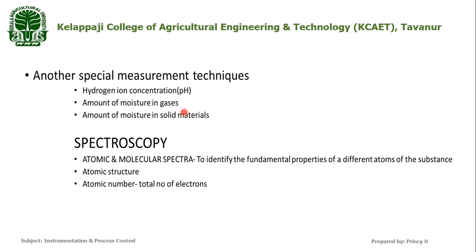The main method used for composition analysis is known as spectroscopy, or spectroscopic analysis, and the device used for spectroscopy is the spectrometer. Given the growing importance of spectroscopic methods, we use different types of spectrometers.